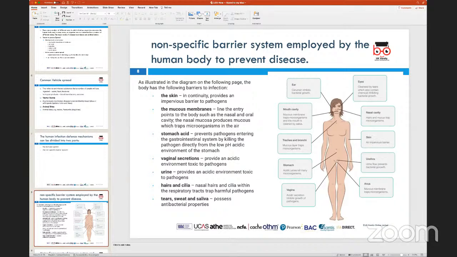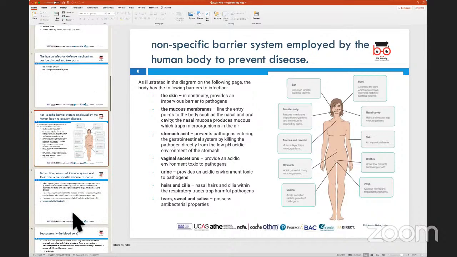That is why you get this warning that you need to stay away. So the human body has what are called non-specific barriers, a system to prevent pathogens from causing infections in the human body. They tend to be external barriers or innate barriers, and this is a list of what we need to know and be aware of.